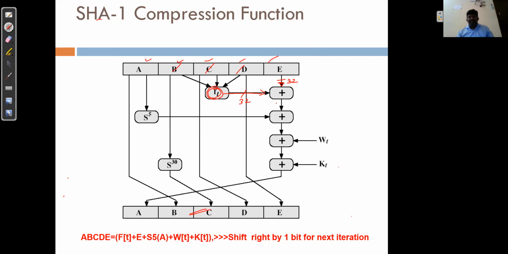So here we'll get 32 bits. Now this will produce a 32-bit output. And similarly, whatever value we stored in register A is applied to a cyclic left shift. This is a permutation.